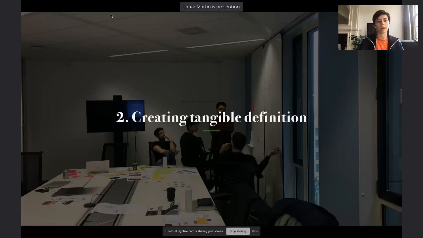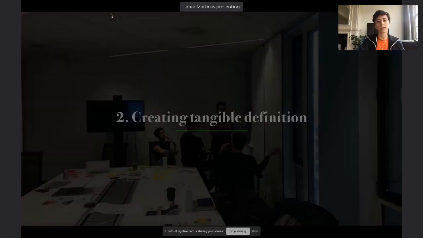The second takeaway really helped us to create tangible definition. I mean, this is very important because in any design challenge, you need to explore, you need to diverge, but you also need to converge. We had this end goal in mind, which was to create the career hub. So we really needed to have the artifacts and the things in place in order to be able to make decisions.